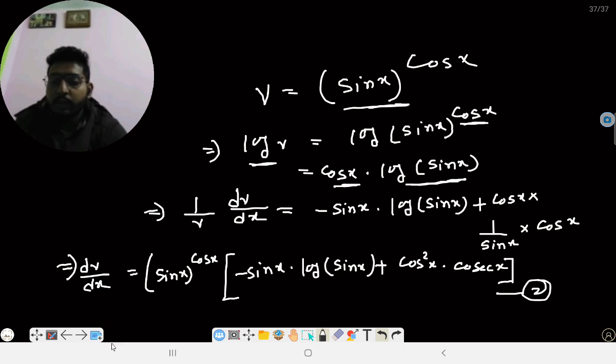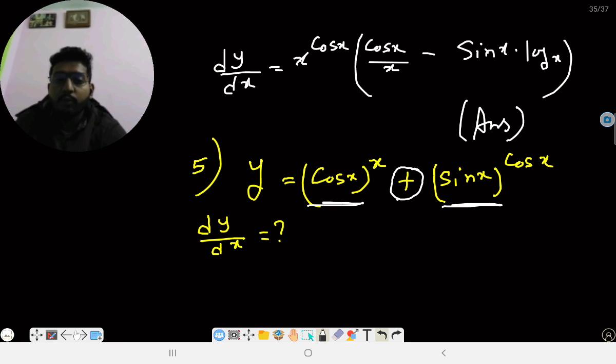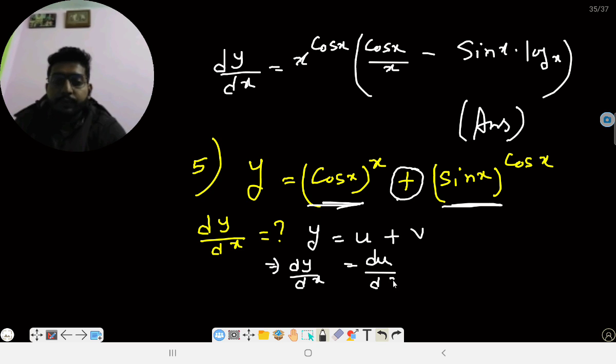Now what was the question here? The question was y equals to this one plus this one. So from here you can see y equals to u plus the next one v. Now if I differentiate this one, dy dx will be what? Dy dx will be du dx plus dv dx.